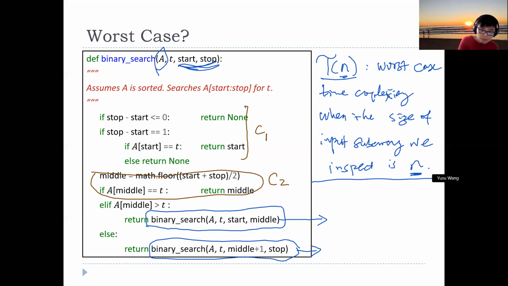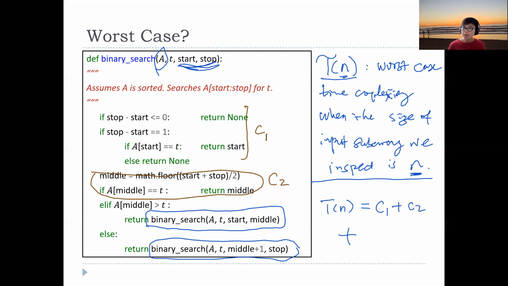And as we said, what we do is that we do it line by line. I say that T of n equals, first I have to go through this part that takes at most C1 time. Then I have to go through this part that takes at most C2 time. Now, I would either go here or I go here, but I don't know which part I'm going to.